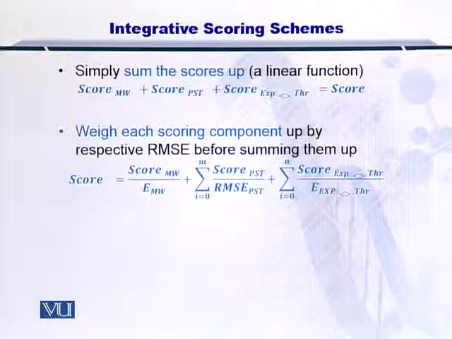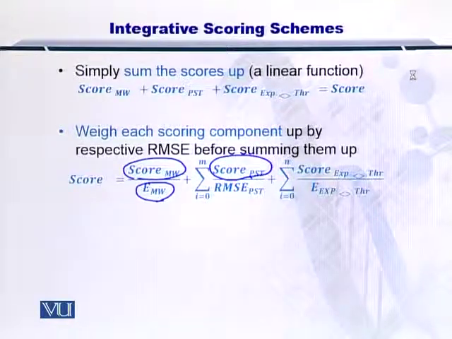One step towards this meaningful approach would be to divide each score by the error. In this way, you will have a normalized score with reference to its error. Here, you have the score for the PSTs, and you divide it by the root mean squared error, and you sum it over all the PSTs.